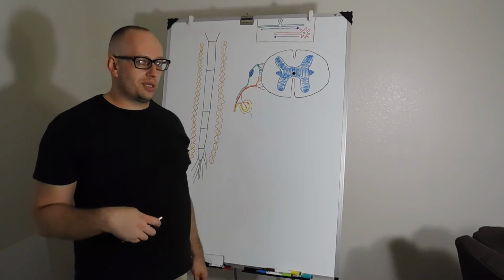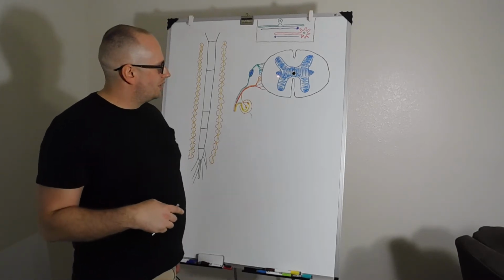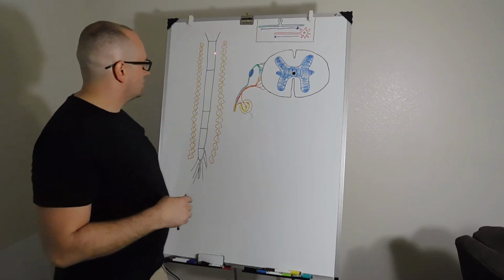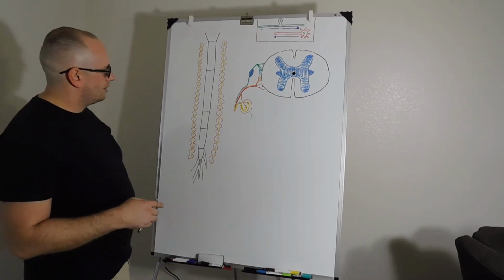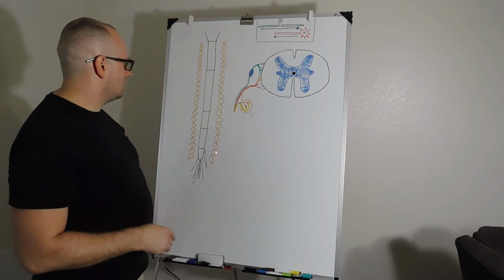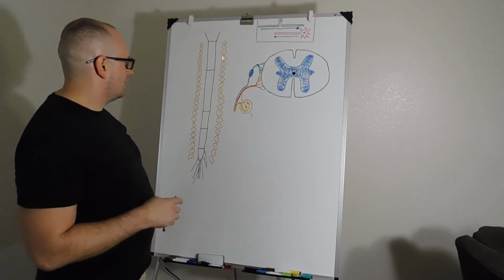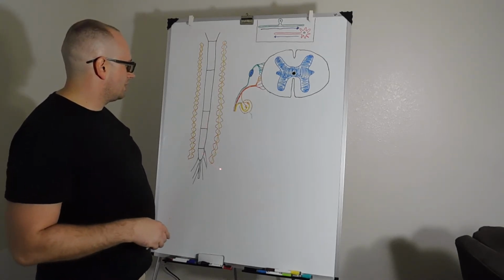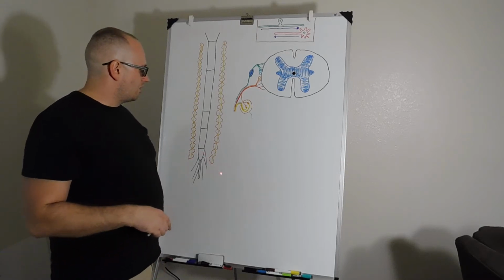There's also the parasympathetic nervous system, which also has its cell bodies in this region, but at least not that I'm aware of, they don't synapse in the sympathetic chain ganglia here. They usually go directly out to their target, close to their target.